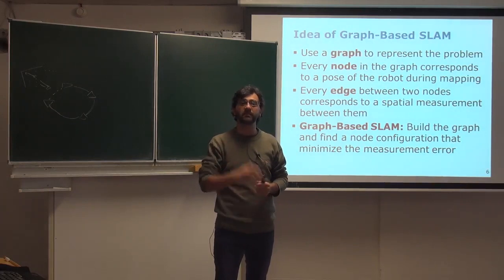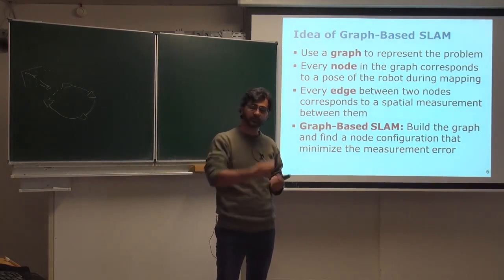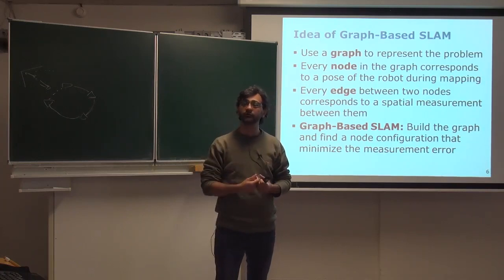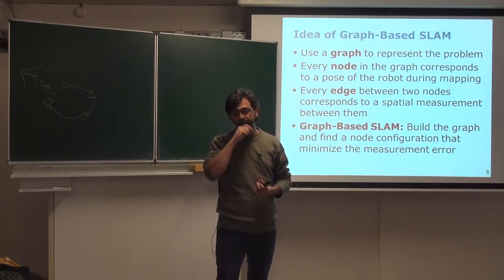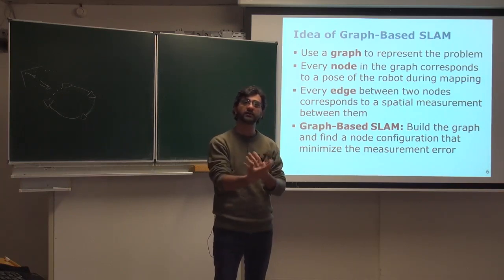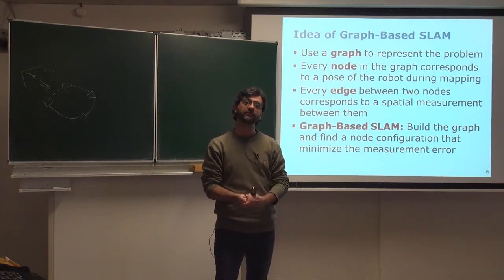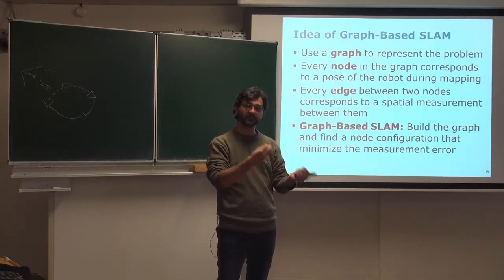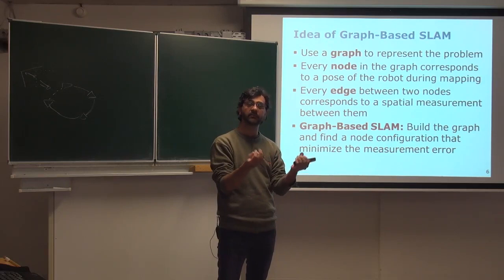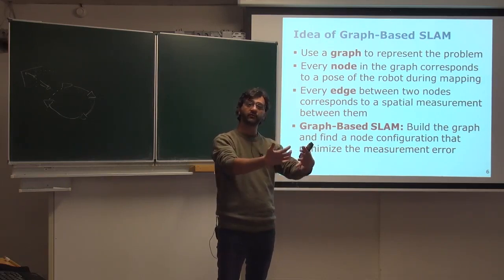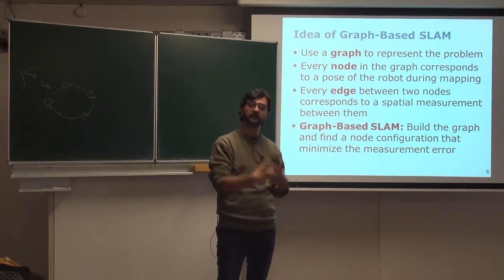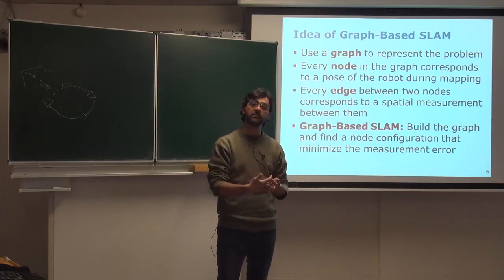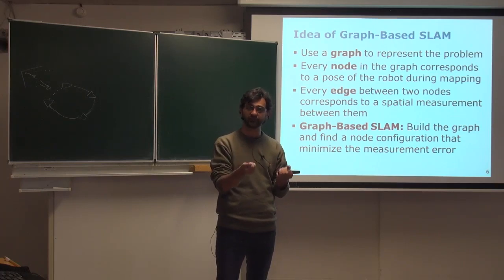And this displacement can be a temporal displacement because the robot is moving over time and we have a motion model that tells us how the robot moves, or can be in some sense a spatial or a data association displacement that comes from the fact that two poses are observing the same thing in the world, but just at different time, and we can relate them by just considering what they are observing, aligning what they are observing, and from this alignment we get a measurement of the displacement between the two poses.